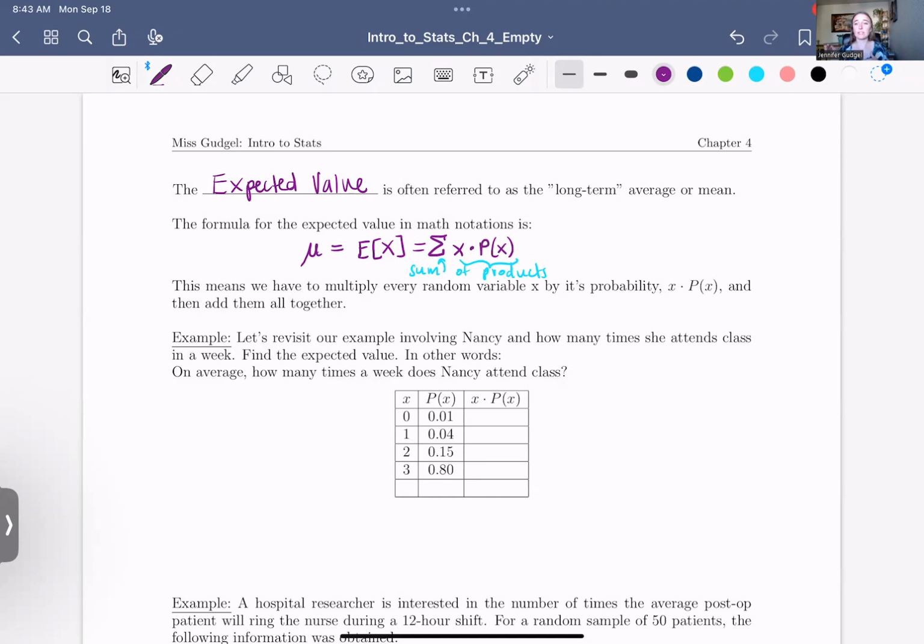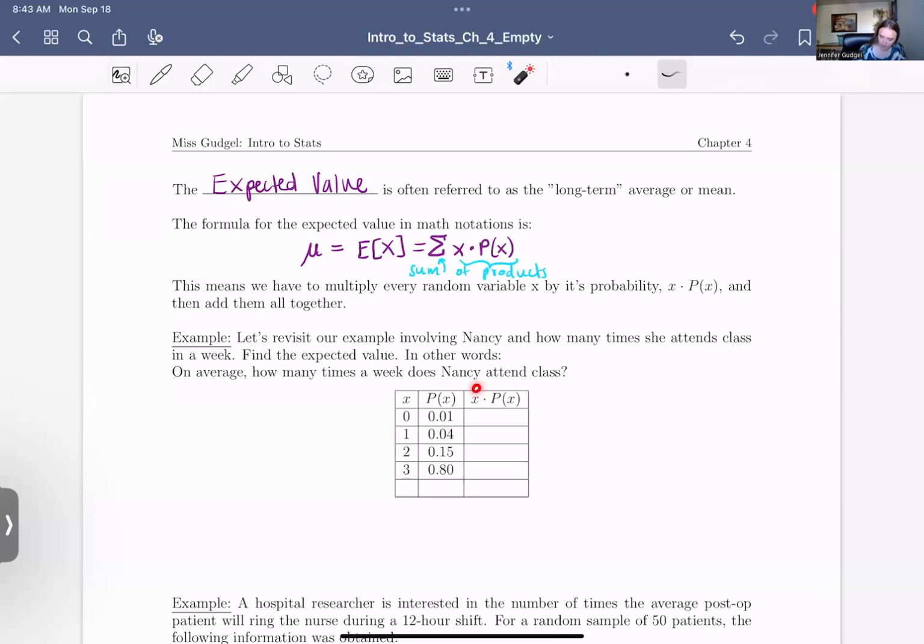Revisiting an example, Nancy attending class from 0 times to 3 times a week. We're going to use our probability distribution chart and just add a column to help us find this expected value. We have our random variable x, we have the corresponding probabilities, and now we add a third column for the products.